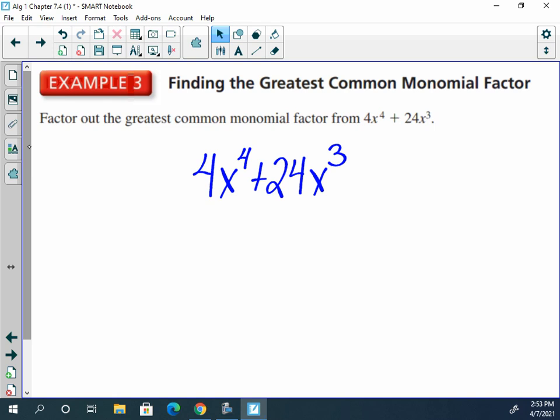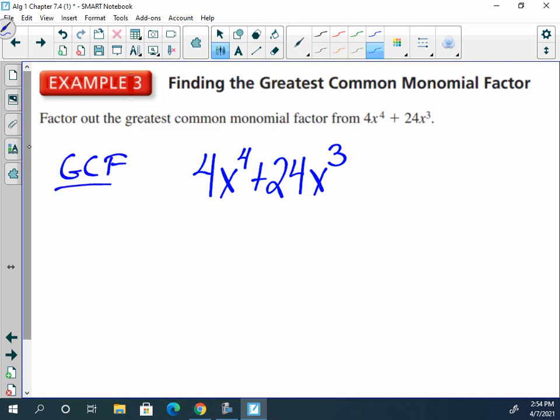Because 4 will divide into 4, and 4 will divide into 24 evenly. So the biggest number that will divide into both is 4.